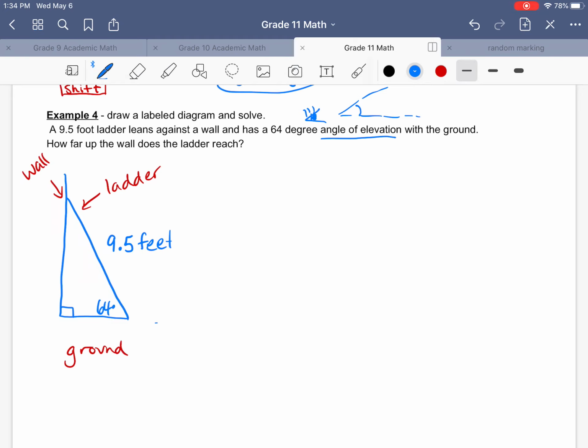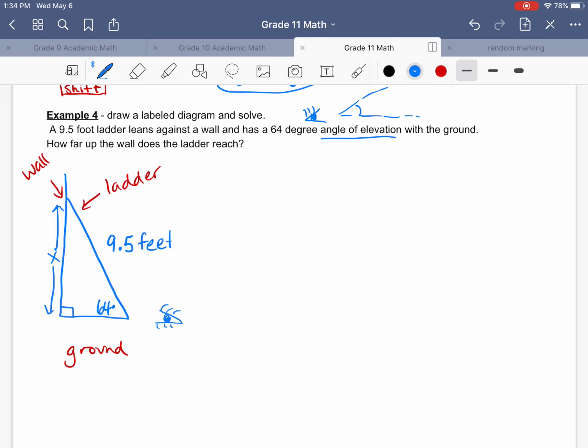That's because we imagine a little eyeball on the ground looking out, out straight and flat and then up. We are asked to find how far up the wall the ladder reaches. So I am going to use x for this part here, how far up the wall the ladder reaches. So we've put on all of the numerical information and labeled with some words what is happening in our diagram.